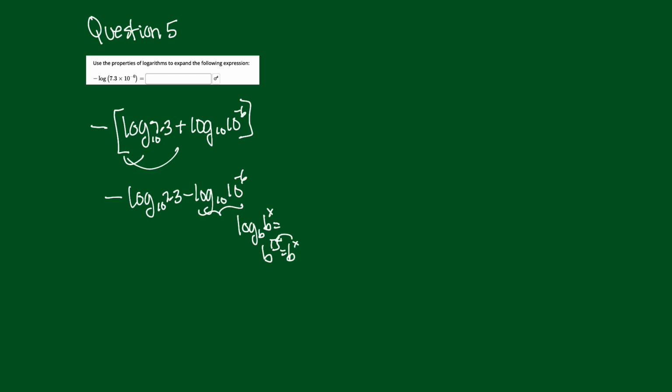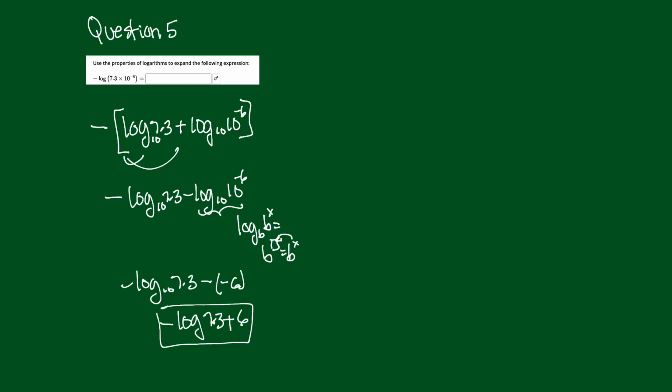So whenever the bases match, you just get the exponent. So now I'm going to get negative the log base 10 of 7.3 minus the exponent, negative 6. Okay, now I'm going to drop that base. So I'm just going to write negative the log of 7.3 plus 6.